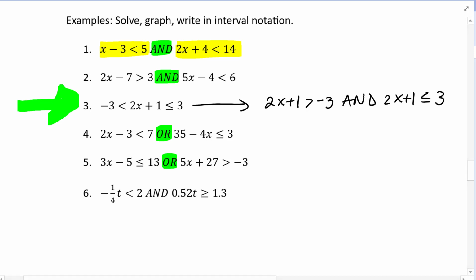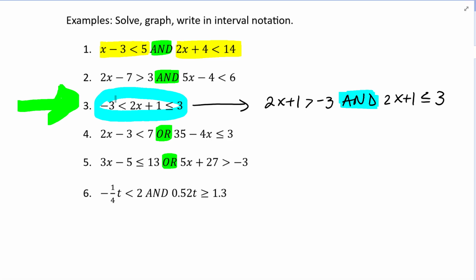So it is actually the word and between them, but it's implied. We usually read this type of inequality as 2x plus 1 is between negative 3 and 3.